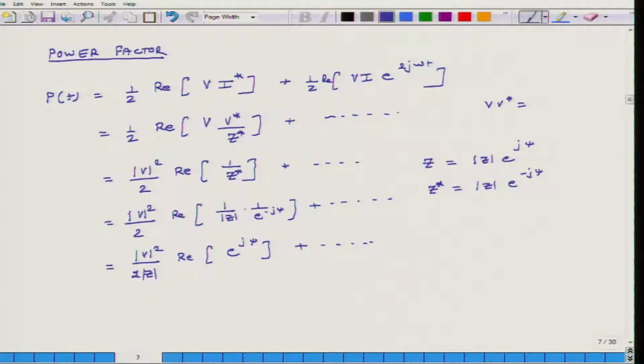So, I have e to the power of minus j psi in the denominator. When I take it up, it becomes e to the power of positive j psi, and the real portion of this is equal to V square over 2 mod of Z cosine of psi plus the cyclic terms.